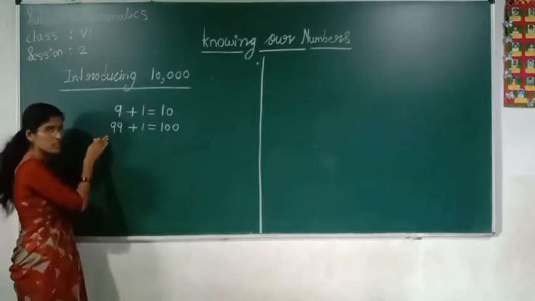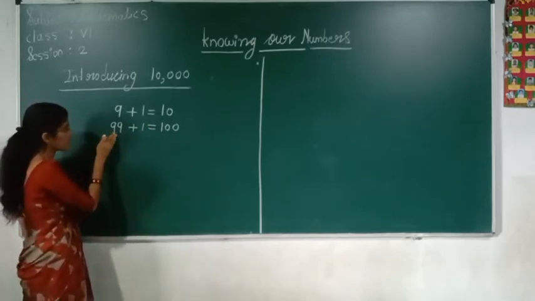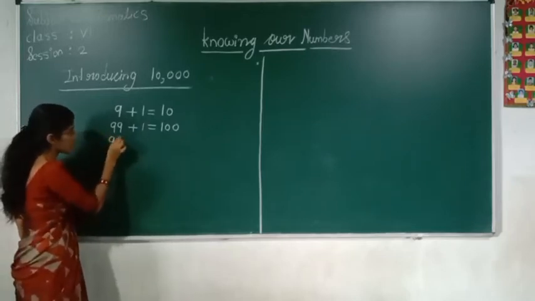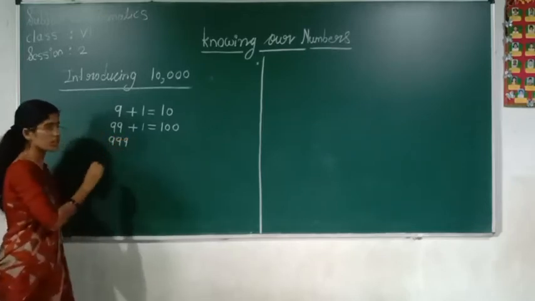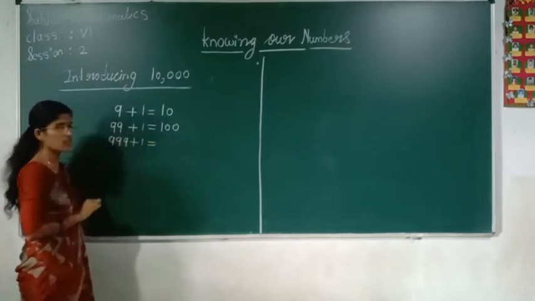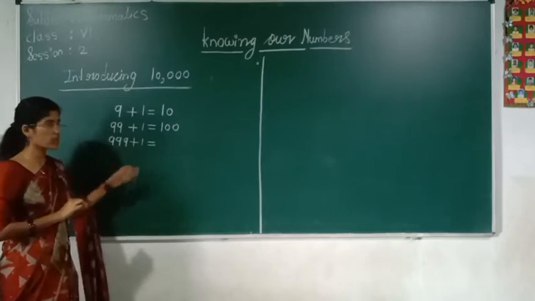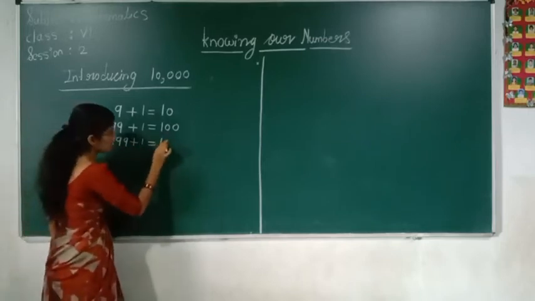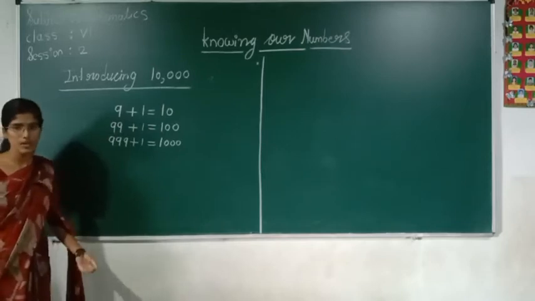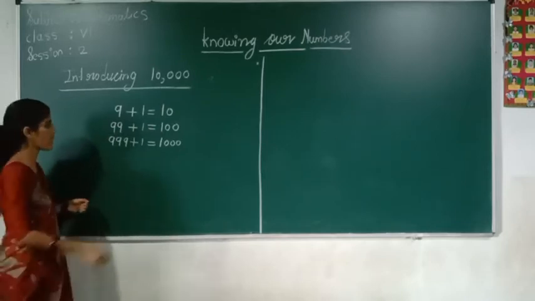If I continue the same pattern, now if I take the greatest 3-digit number, 999, plus 1, I am going to get 1000. This is nothing but the smallest 4-digit number. Again continue the pattern.